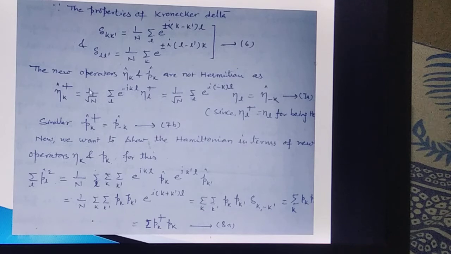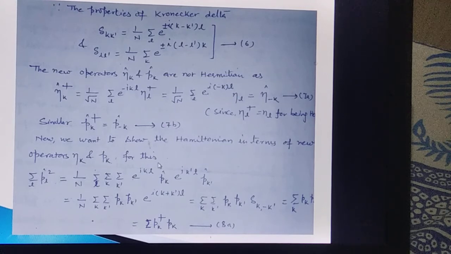Eta k dagger is equal to 1 upon square root of n summation l exponential minus i k l eta l dagger, and if you take the minus sign with k, then you have this term, and this is equal to eta minus k. So this is not a Hermitian operator. Similarly, pk dagger is also equal to p minus k, and this is also not a Hermitian operator.